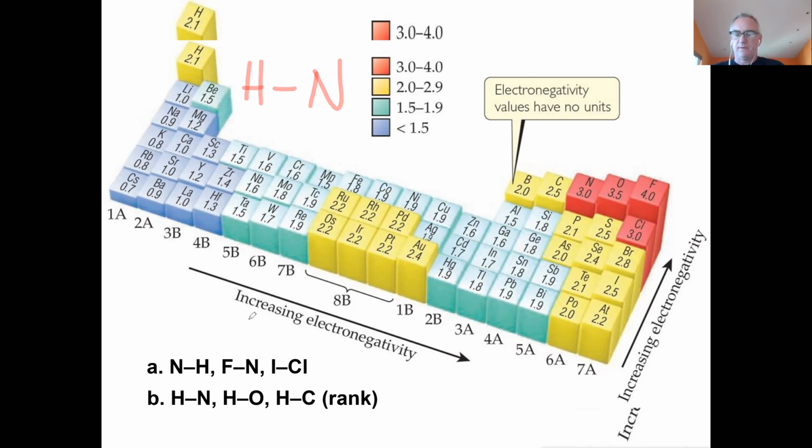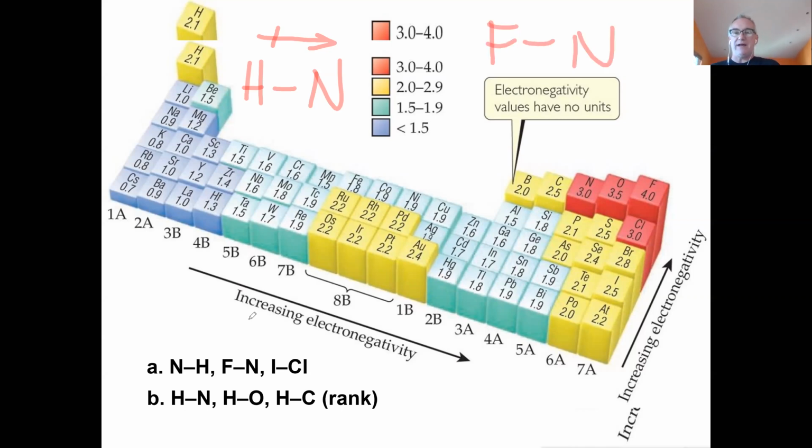What does that mean? Nitrogen. Towards. Go ahead, Hannah, you can tell me. Pointing towards nitrogen because it's bigger than hydrogen in electronegativity. Bigger in electronegativity, yes. Right. So the arrow points towards nitrogen and we put the plus sign in there, indicating that the hydrogen is going to be slightly positive and the nitrogen is going to be slightly negative. That's right.